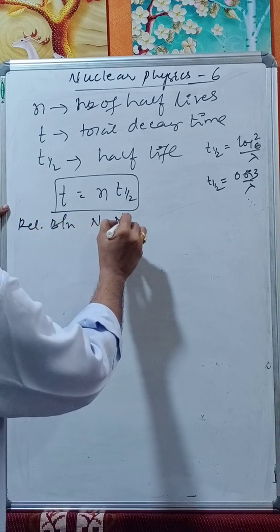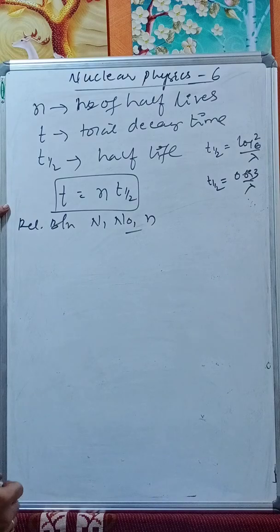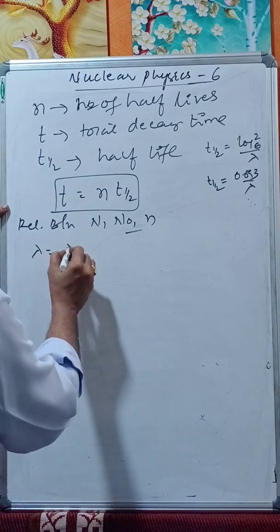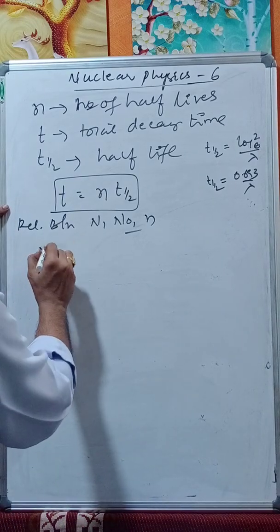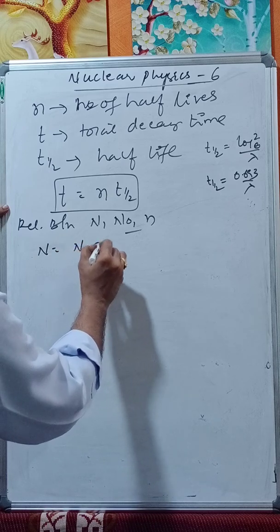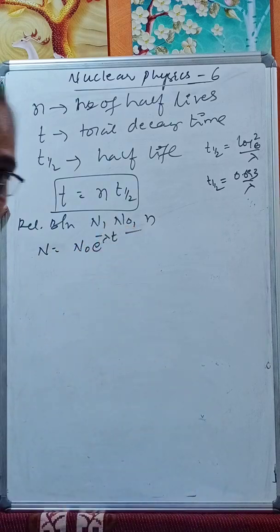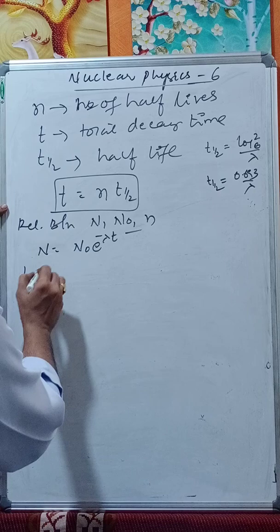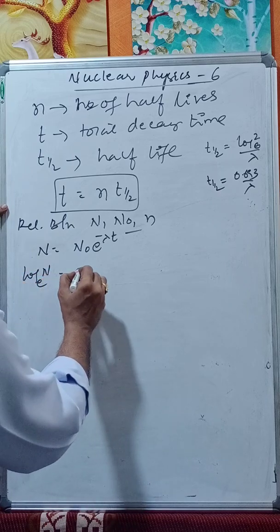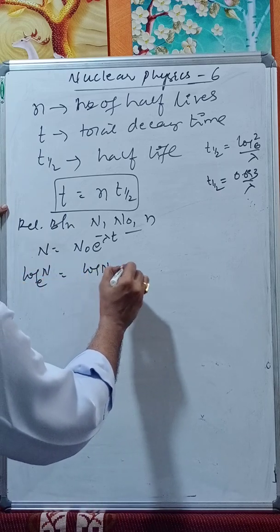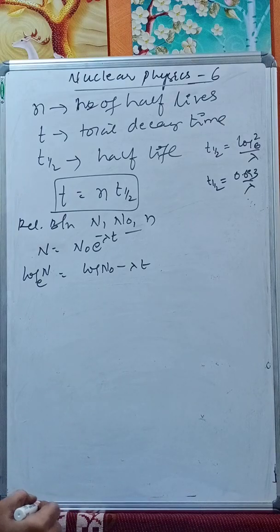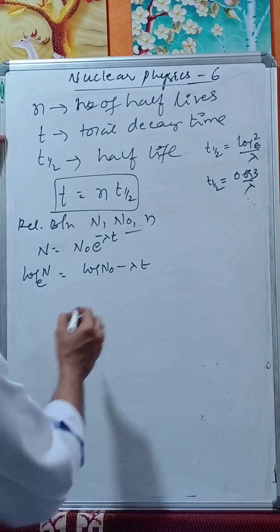We know that n is equal to n naught into e power minus lambda t. This implies log n to the base e is equal to log n naught minus lambda t.